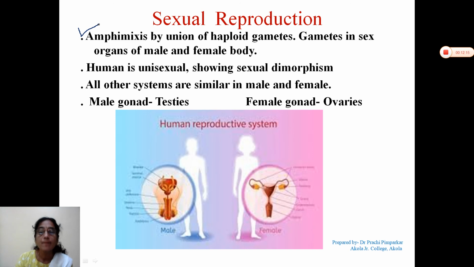The number, the shape, their position, everything is exactly similar. In the digestive system also, male female digestive system, male female respiratory system, male female circulatory system, male female nervous system, male female skeletal system, all these systems are exactly similar. Male is male and female is female only due to the reproductive system.